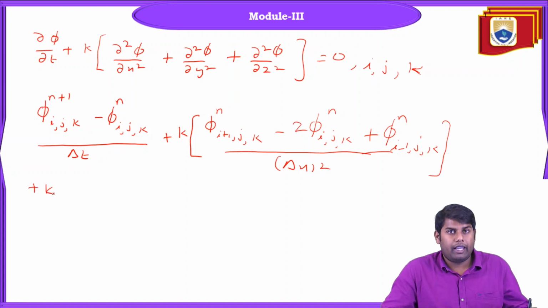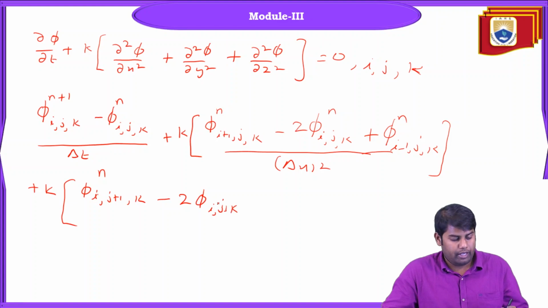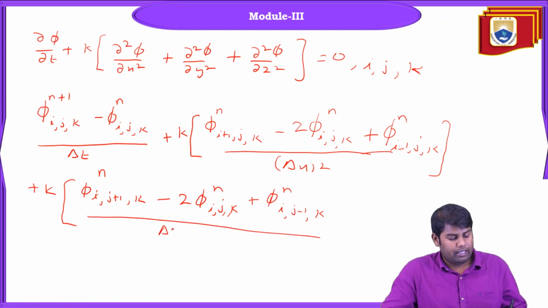Next, plus k into, same, we have to write the y term, which is phi of i, j plus 1, k to the power of n minus 2 times phi of i, j, k to the power of n plus phi of i, j minus 1, k to the power of n divided by delta y square.